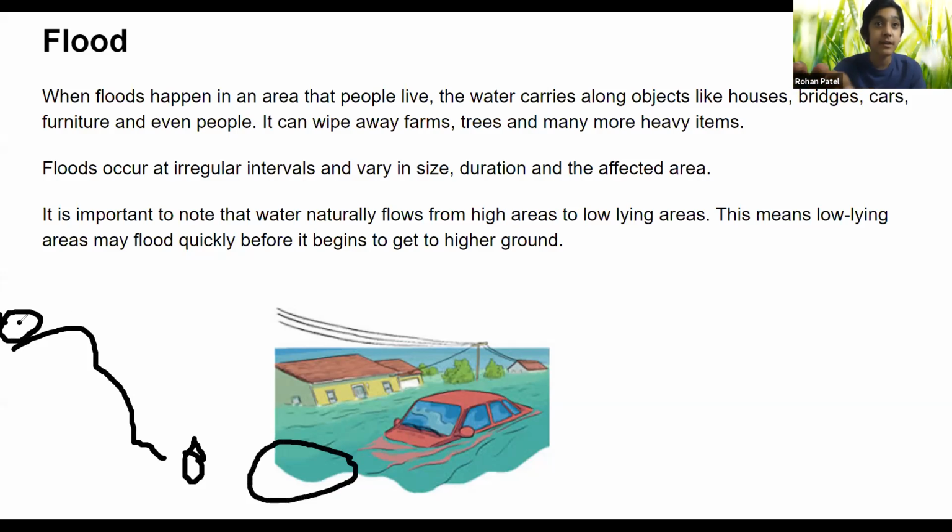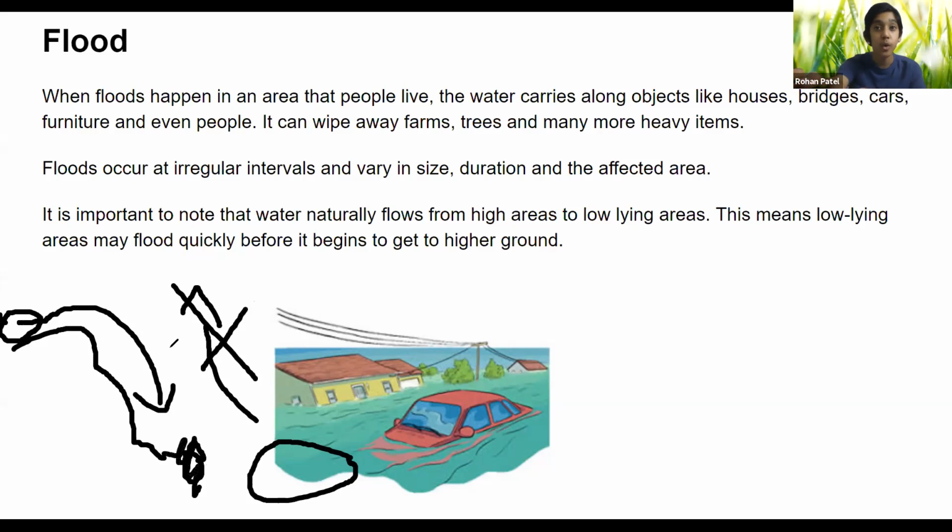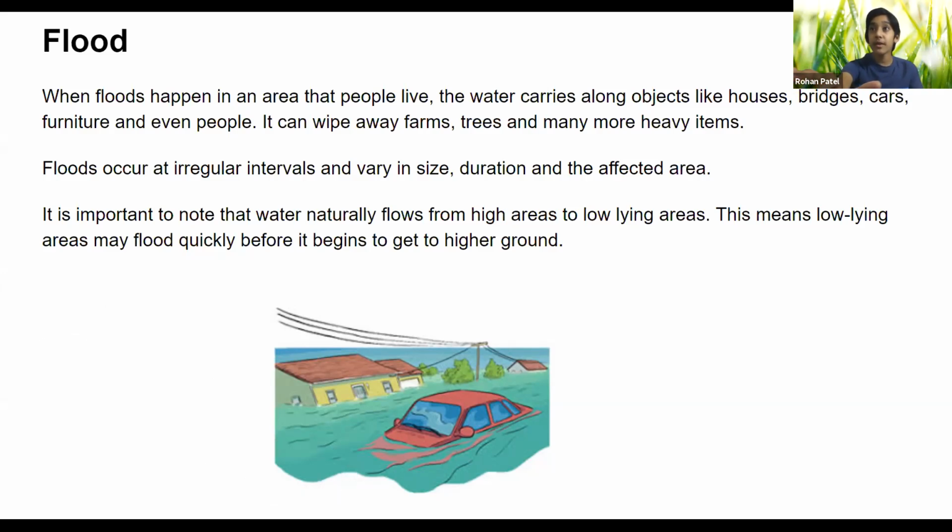If this lake does flood, it will always go downstream. It will not go upstream unless it is super powerful, so that is not going to happen. So it will go downstream and it will cross over all the houses, wash everything away, and go to another body of water, which is our ocean. So that just means that in a flood, water will always go from a high to a low area.